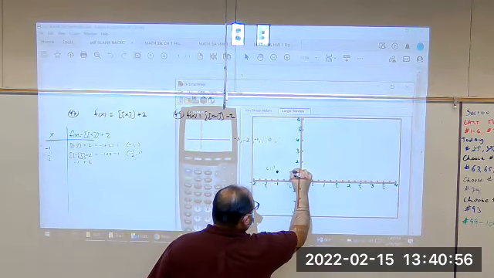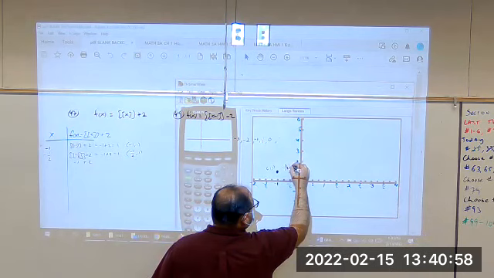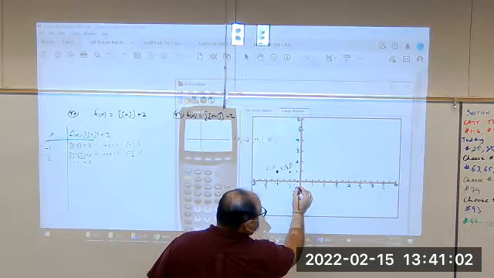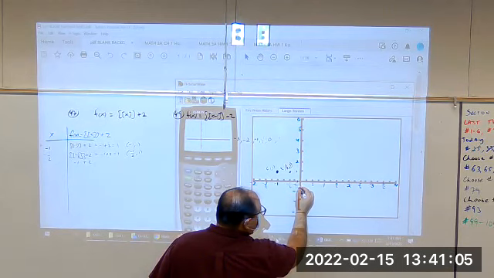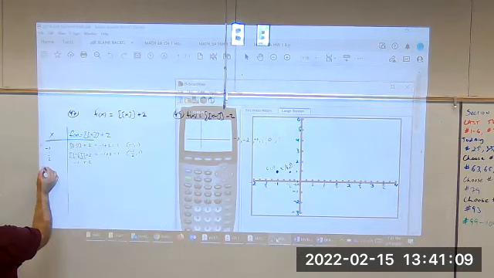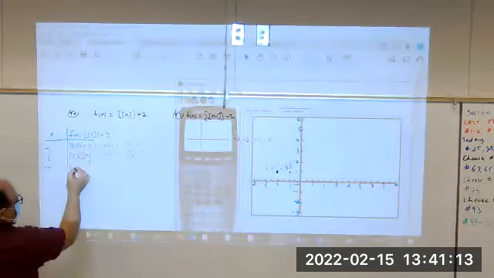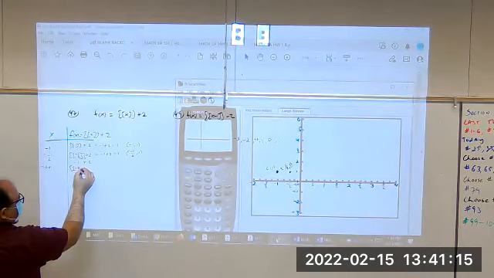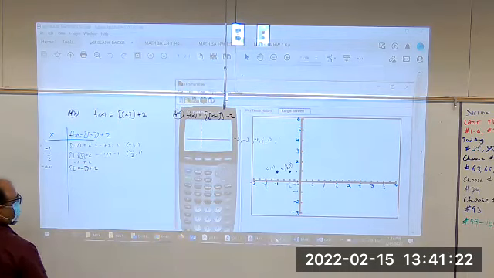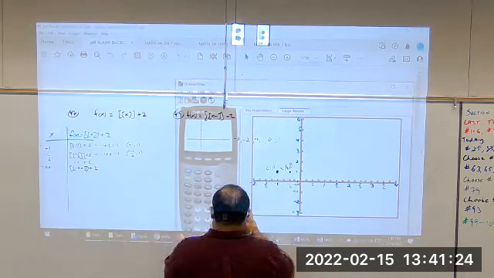So we get this point right here. If you plug in negative 0.01, a negative penny, the greatest integer that's less than or equal to a negative penny, plus 2. So a penny would be right here.